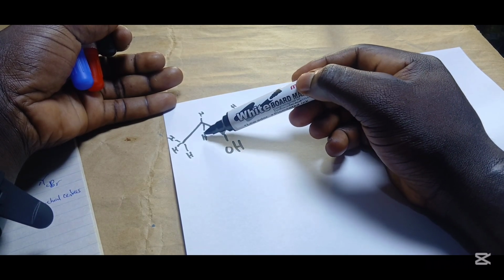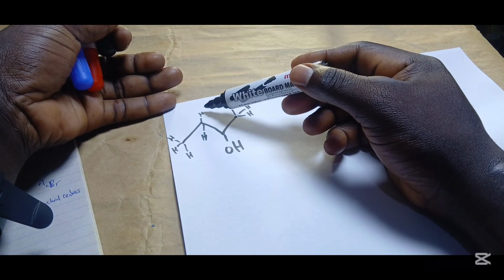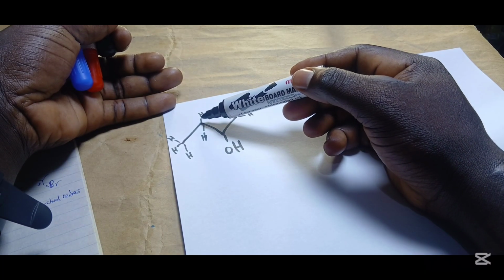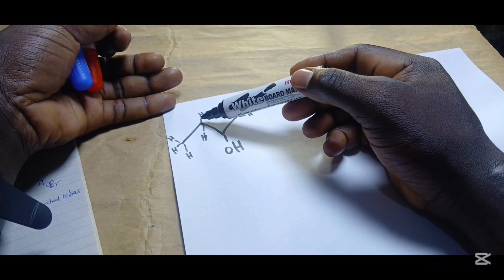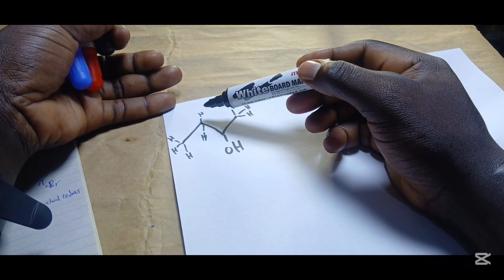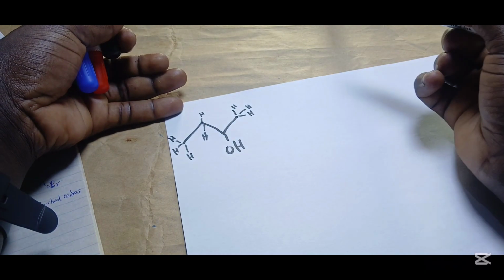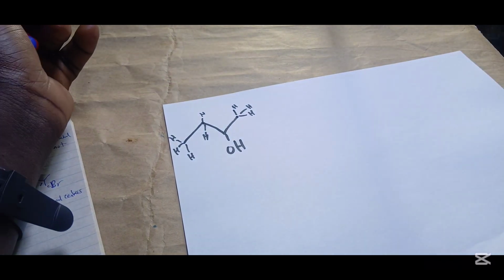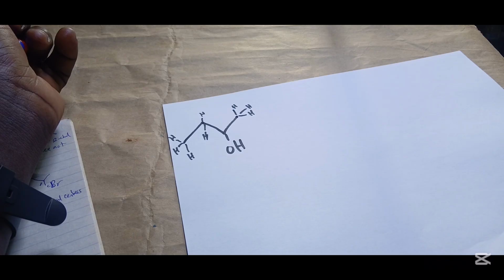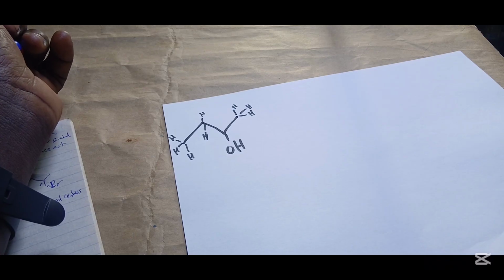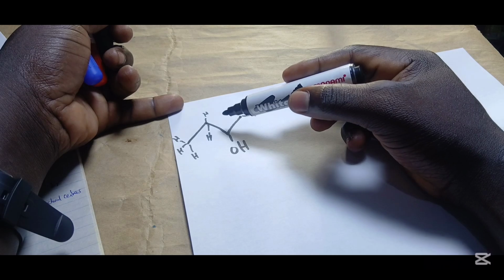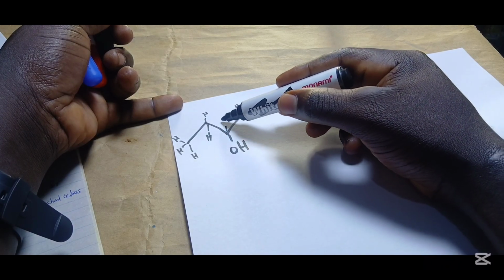One thing you can know that it has hidden hydrogen is that the carbon atom should have 4 bonds. It should be bonded to 4 atoms. So now this one too also has a hidden hydrogen.